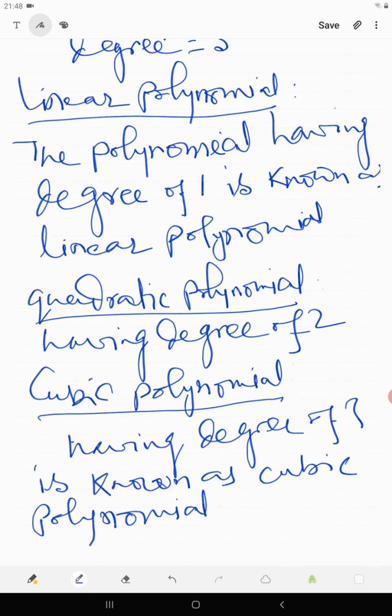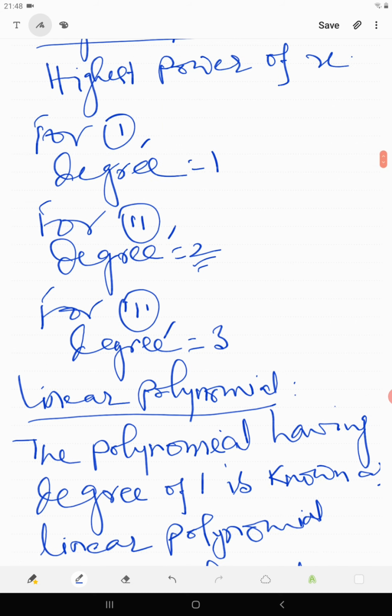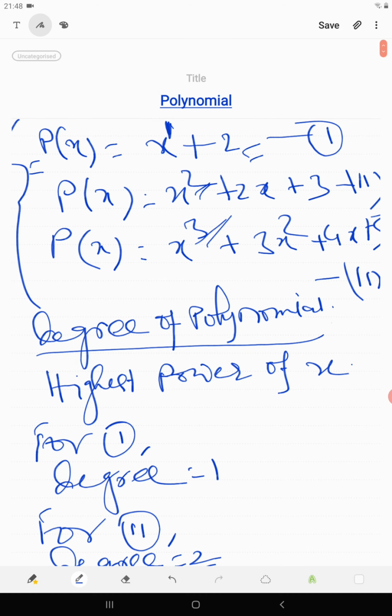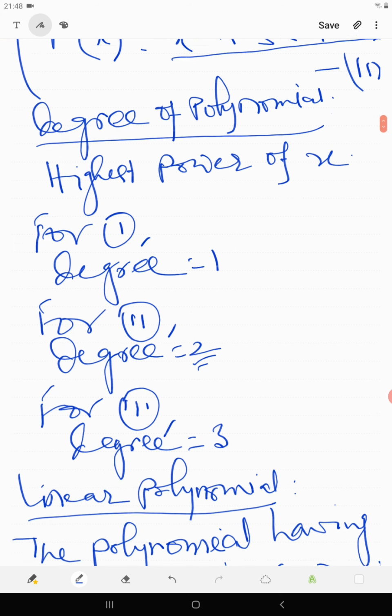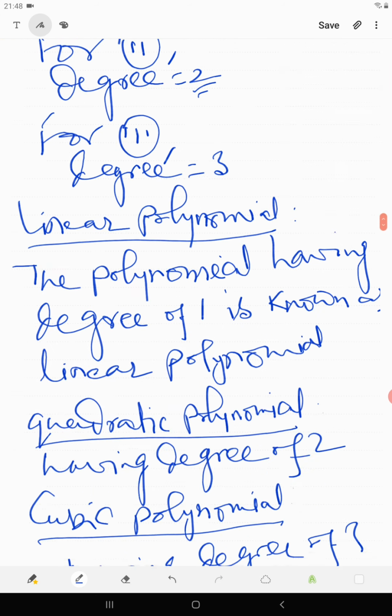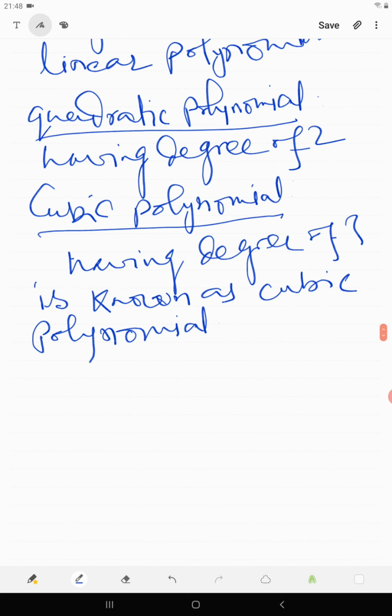Okay. So here see the example 3. px equals x cube plus 3x square plus 4x plus 3. So this third example has degree 3. Hence this is a cubic polynomial. This is the example for a cubic polynomial.